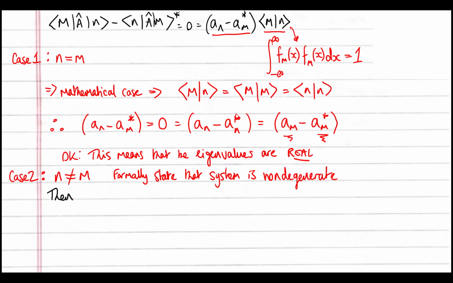In that case, we might expect that a sub n minus a sub m is going to be non-zero. That's the assumption here.